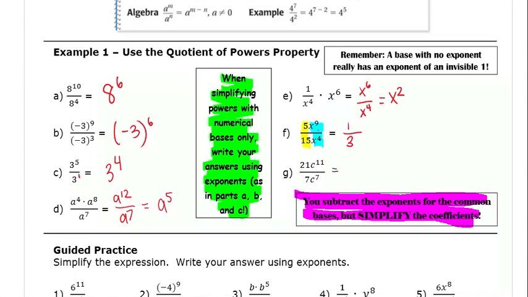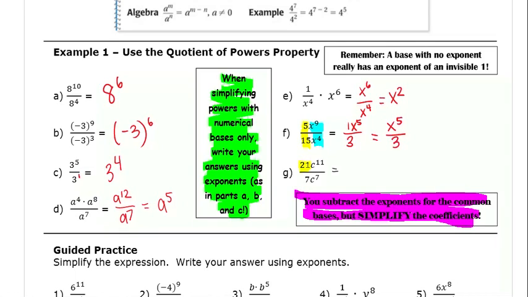And then x to the 9th over x to the 4th, if we subtract our exponents, would be x to the 5th. Okay, and now you might be thinking, where are we going to put that? Well, if you look at it, there's more x's on top, so that means our x's would stay on top. And we know I don't like writing unnecessary numbers, so our perfect final answer would be x to the 5th over 3.